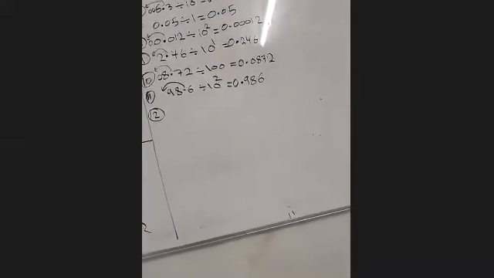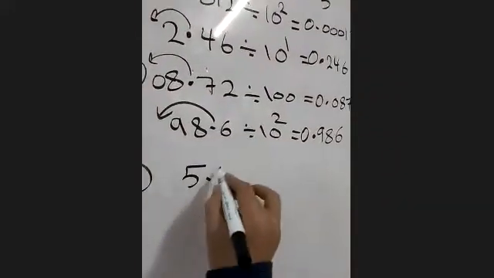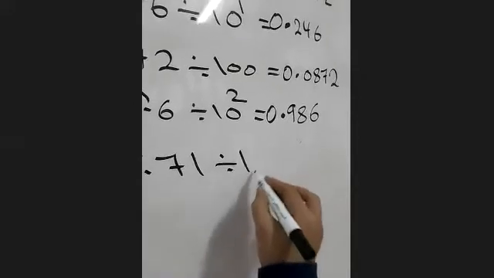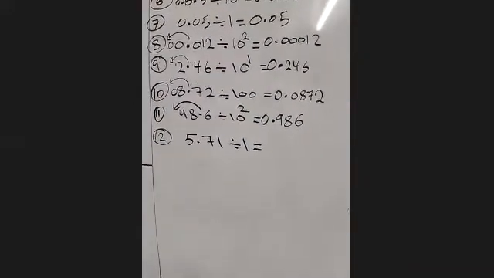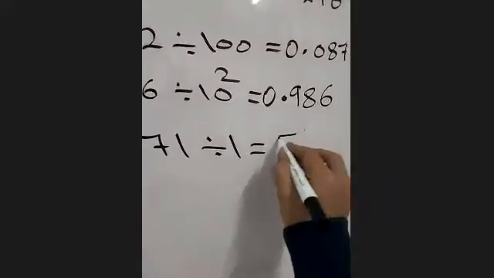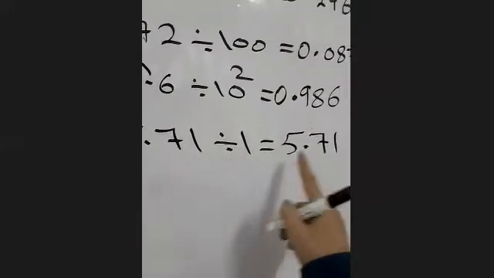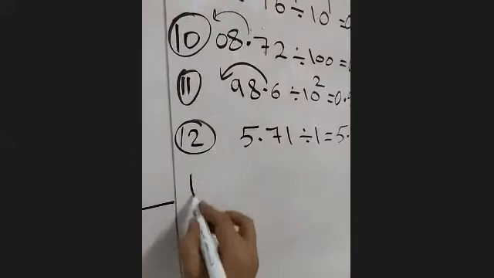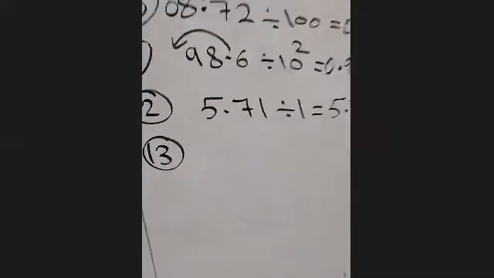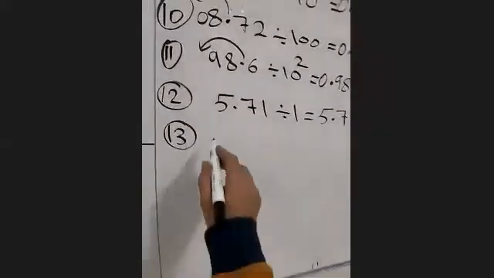Question 12, we have 5.71 divided by 1. Tell me. 5.71. Why? Because we divide by 1, the number stays the same, right? Yeah. Stay with me. What's your name? Kinan. Kinan, yalla.